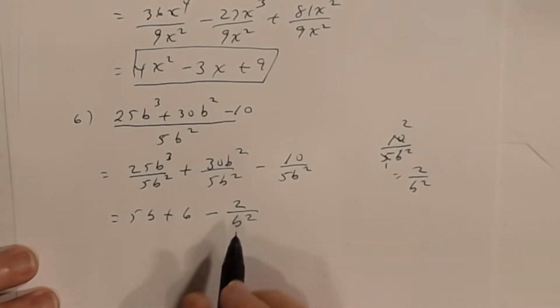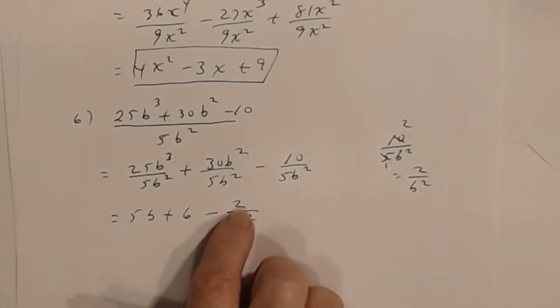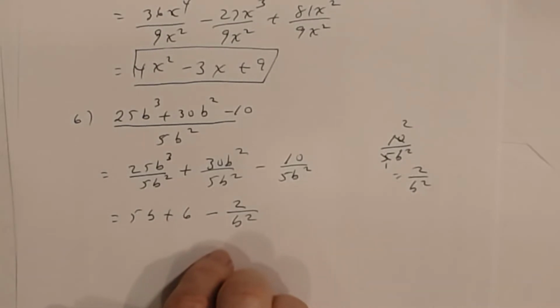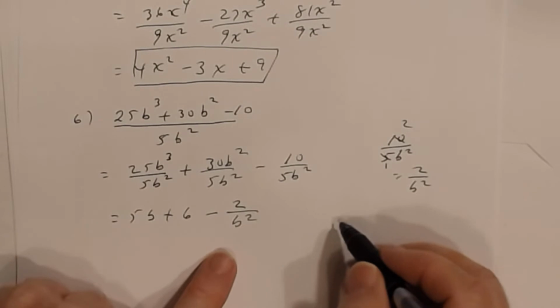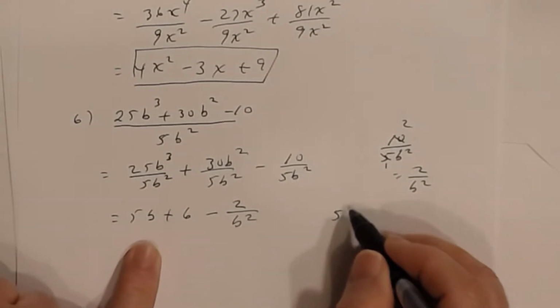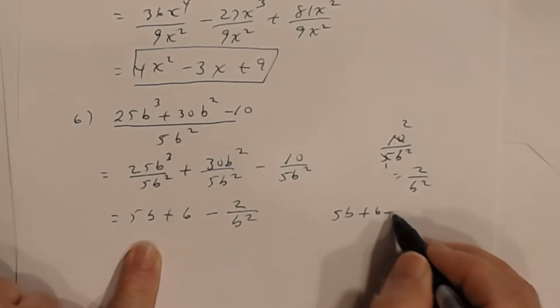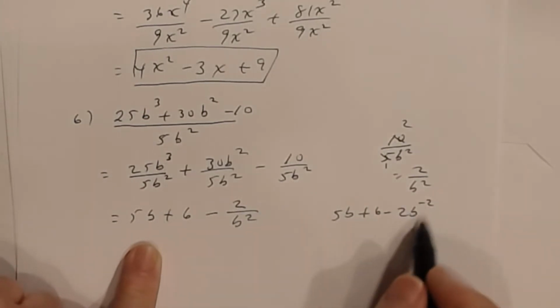Just make sure you write it as one fraction like this. Now, be careful. Some of you may think that, hey, can I write it like this? So here's the question. Can you write it like this? 5b plus 6 minus 2b to the negative 2. Because this right here is the same as this.